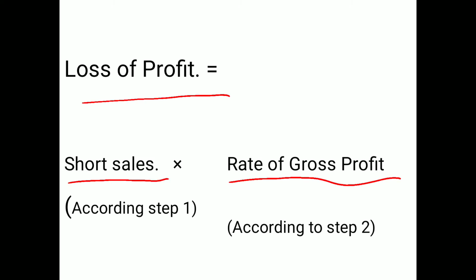The two amounts are short sales first and rate of gross profit second. Short sales are calculated according to step one and rate of gross profit according to step two. Multiplying the two amounts gives the loss of profit.